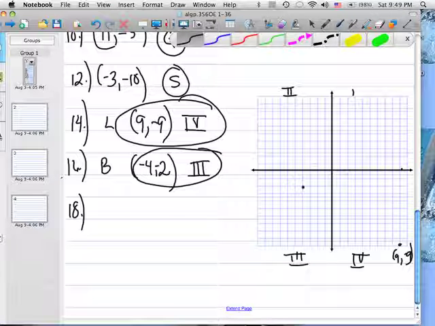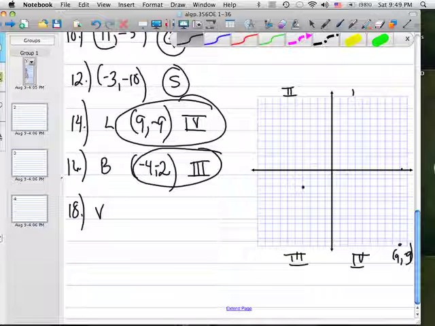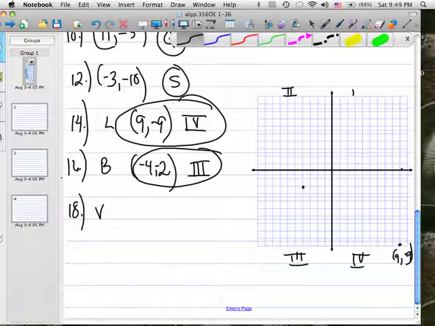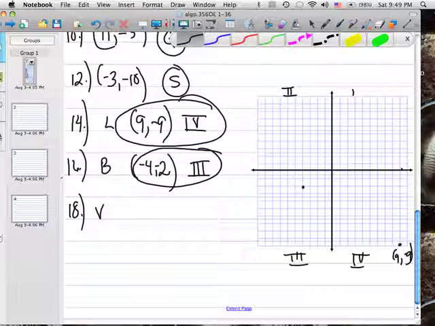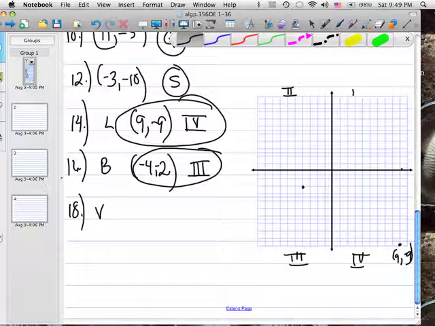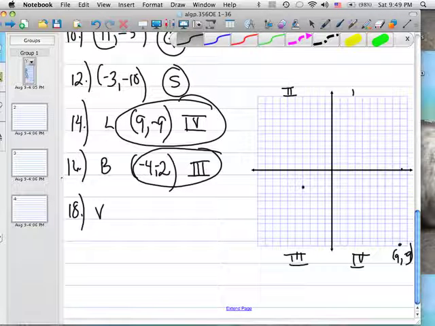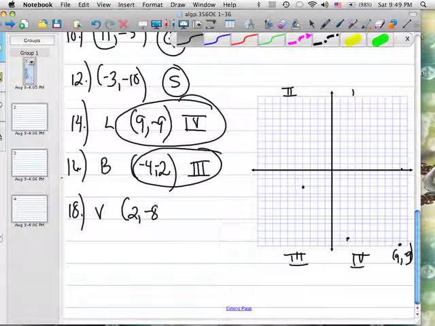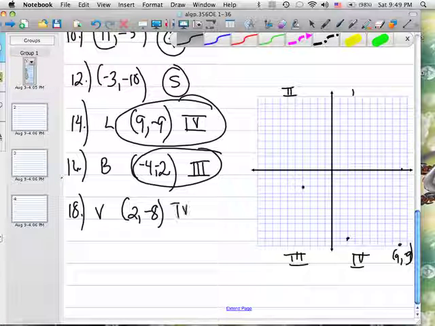Number 18 is point V, and V is in the 4th quadrant again, and it is 2 to the right and 8 down. So 2 to the right is positive 2, and 8 down is negative 8, and it's in the 4th quadrant.